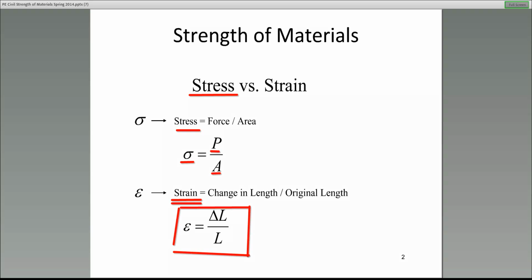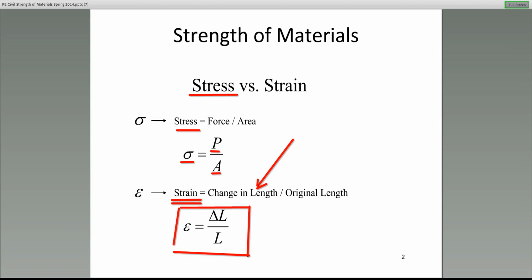Now, please pay very close attention to what is in the numerator. The numerator is delta L. Delta L is simply change in length, okay? It's not length, it's change in length divided by the original length. So when normal stress, let's say it's in tension, causes extension of a member, the amount that it is extended would be the change in length, or delta L, and you take that divided by the original length, and that would give you strain.